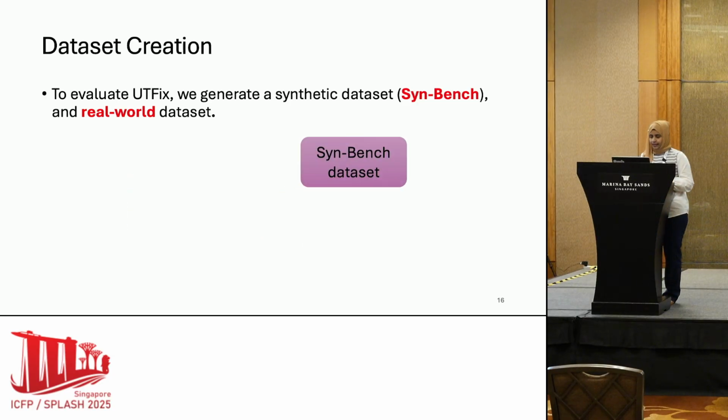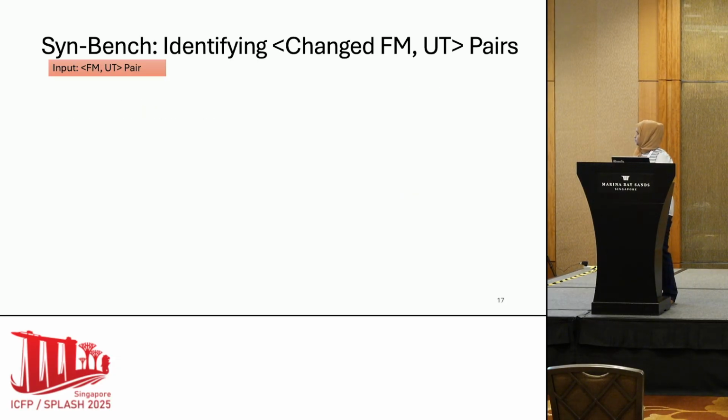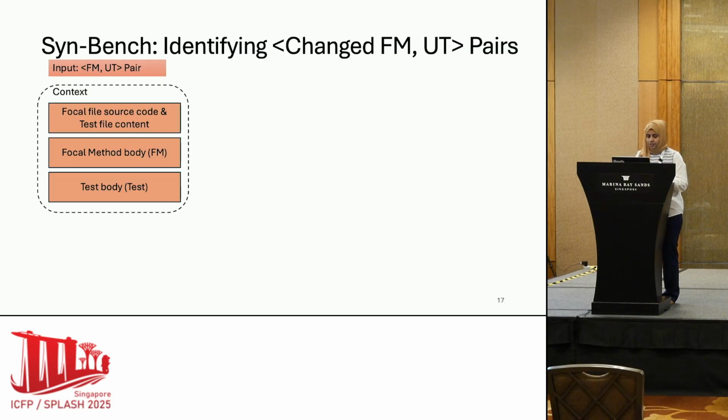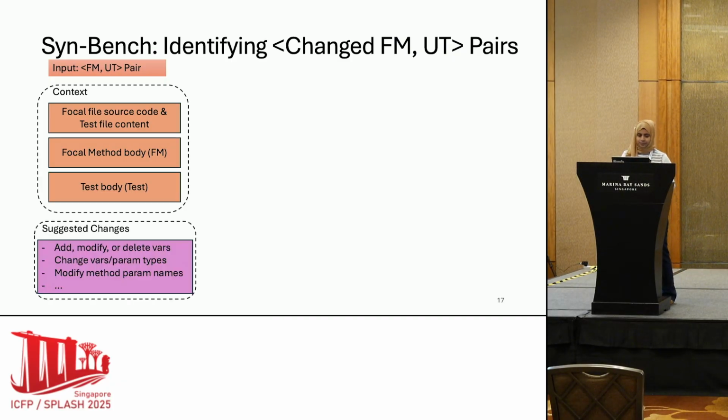Once we get that, we will create our main dataset, that is SceneBench. Here the main objective is to inject changes in the focal method. The context is mainly the focal file, and we are also emulating the possible changes that developers usually make in their code base, and then using that information we are guiding the LLM.